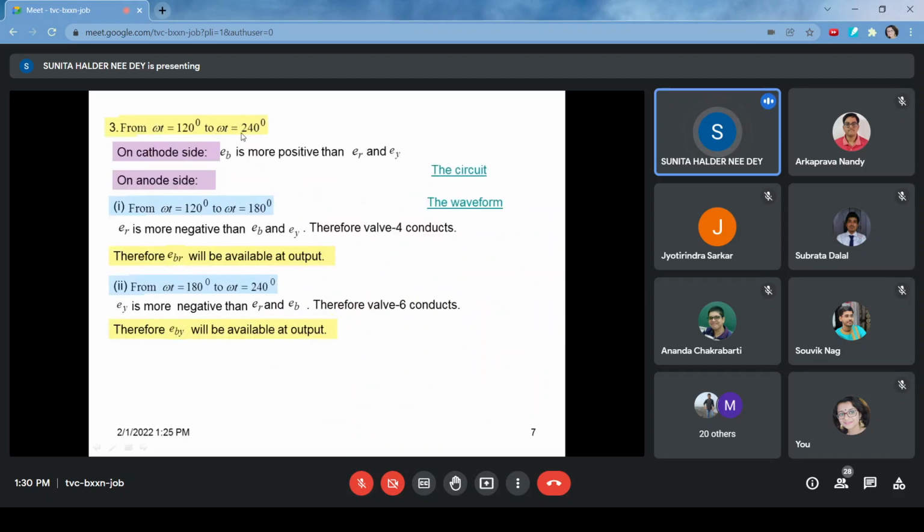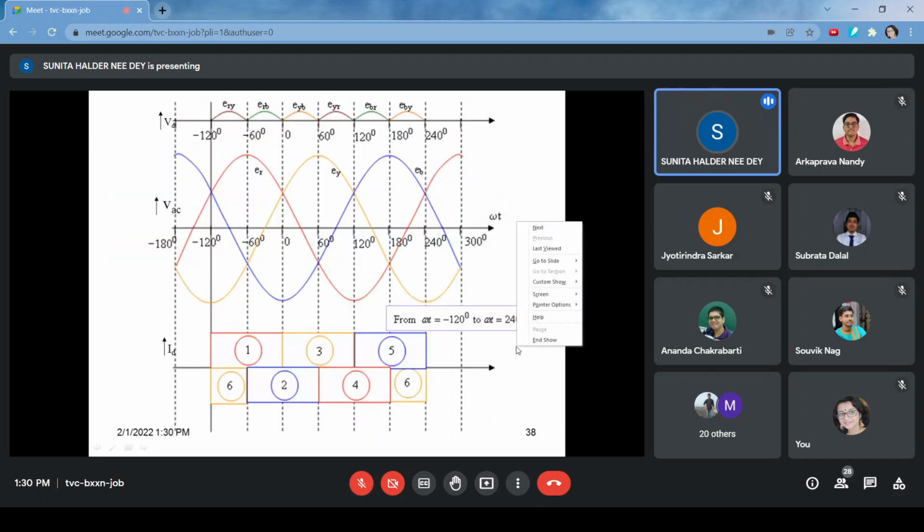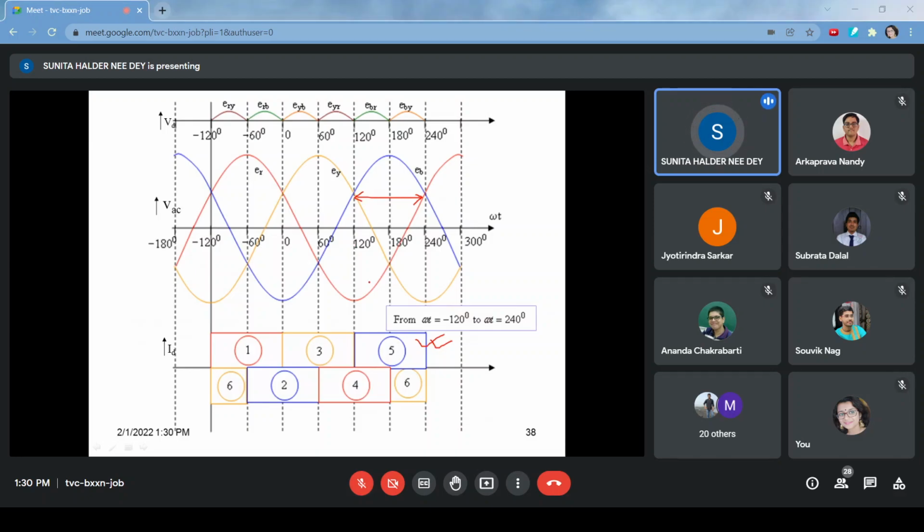Similarly, for 120 to 240, that means this span, the blue phase is most positive. So on the positive side blue phase will come. On the negative side, for the first 60 degrees, R phase will continue. For the next 60 degrees, the Y phase will continue. Now you see on the positive side, each thyristor will conduct for 120 degrees. Similarly, on the negative side also, each thyristor will conduct for 120 degrees.